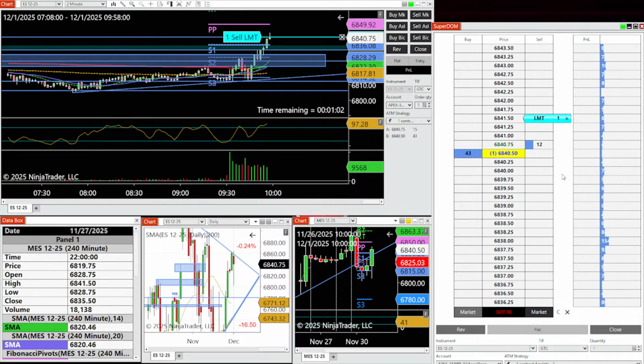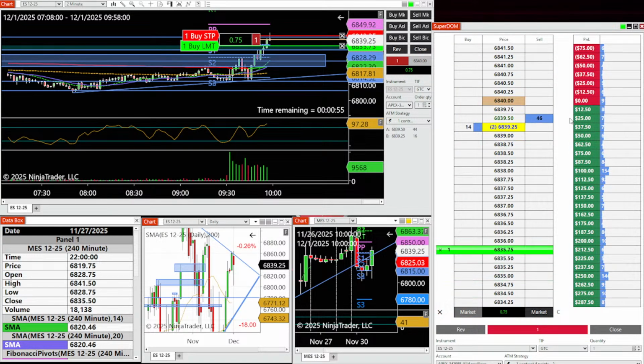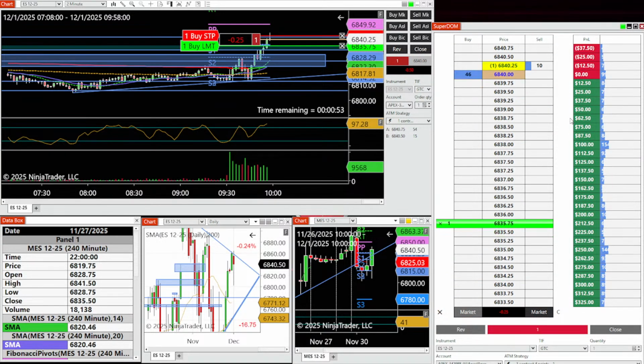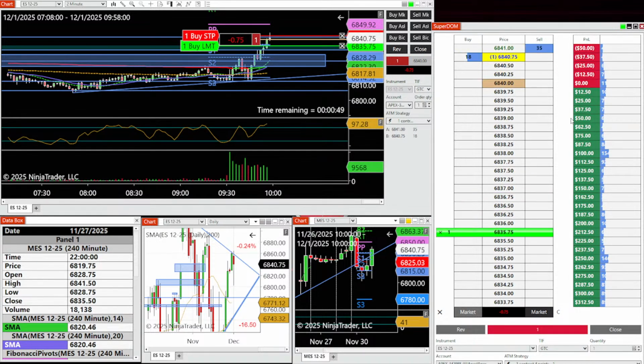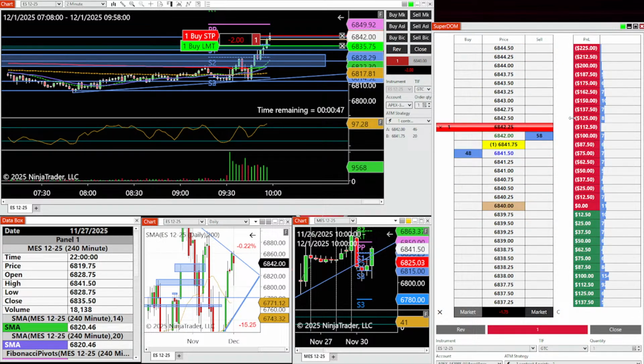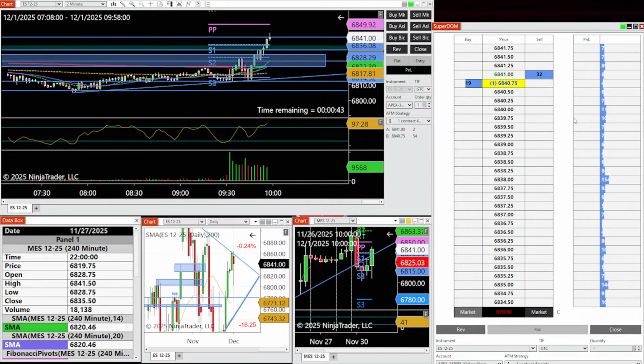I'm going to try to. The squeeze went up, but it's still going. Still going, okay.